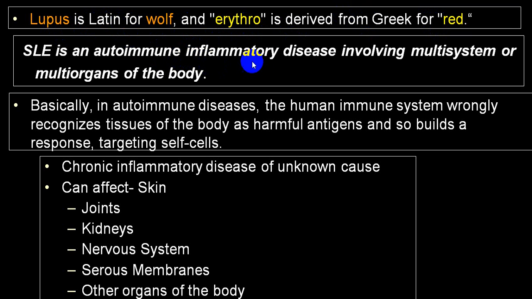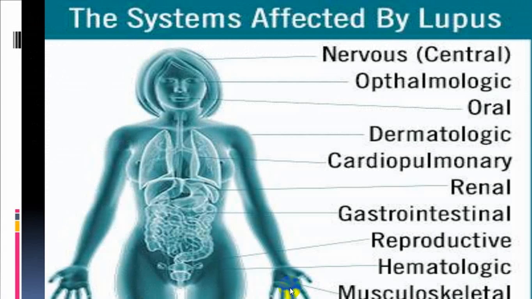So it is an autoimmune inflammatory disease involving multiple systems and organs. The organs being involved are skin, joints, kidney, brain, serous membrane, and multiple others. So central nervous system, eye, oral cavity, skin, cardiopulmonary, renal, GI tract, reproductive organs, blood, and even the musculoskeletal system.